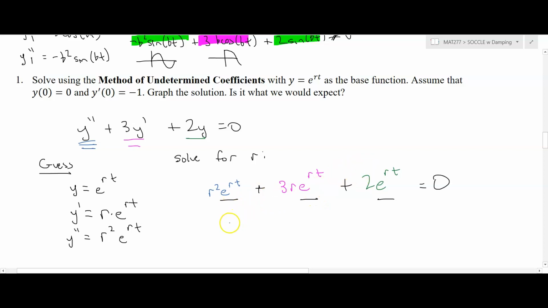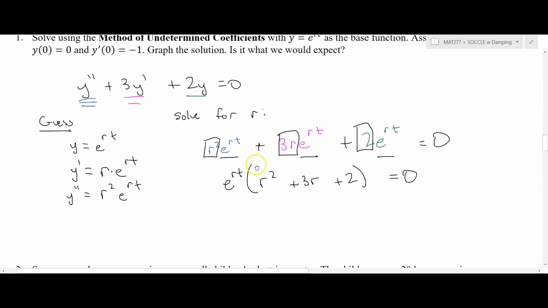Again, another way you could view this is if you factor out e to the rt, you get r squared plus 3r plus 2, and that all equals 0. Another way of thinking about that is I have r squared copies of e to the rt plus 3r more plus 2 more.